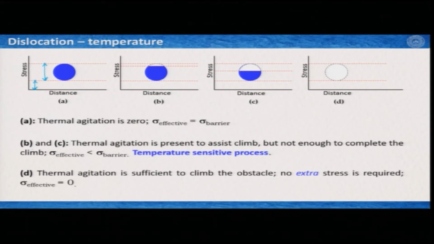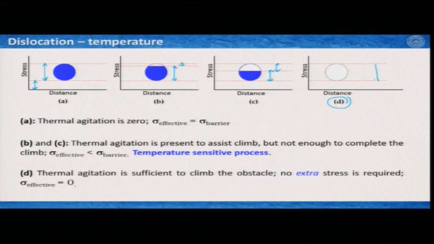Now, in B and C, thermal agitation is there. Here it is this much and here it is a little higher, but in both cases the thermal agitation is not large enough to overcome or climb the obstacle. So, in this case it needs this much effective stress, and in this case it also needs this much effective stress.